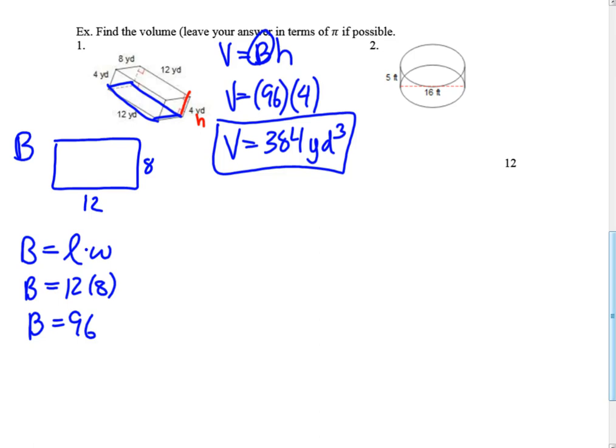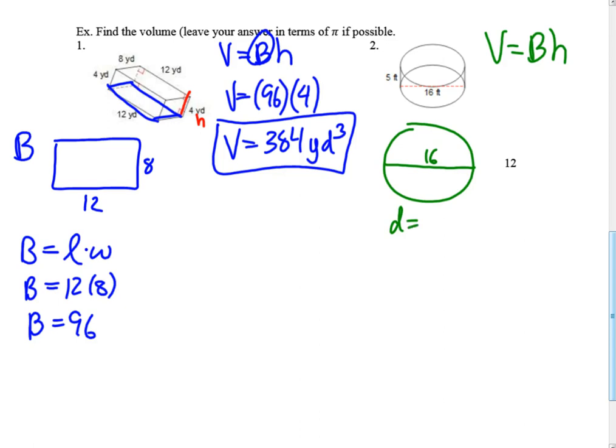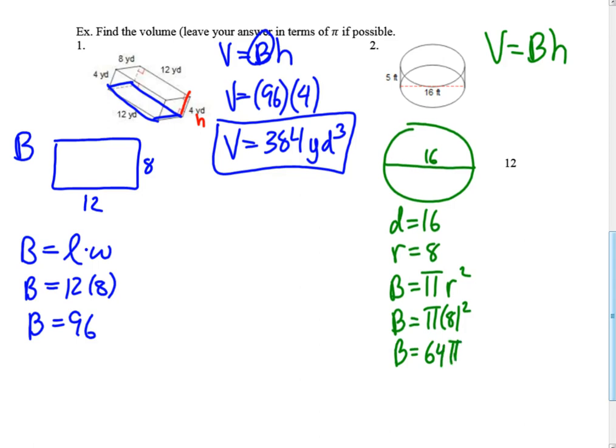So here, cylinder volume still equals the area of the base times the height. Now what's our base in this case? Well, our base is a circle. It's got a diameter of 16. So if the diameter is 16, that means the radius is 8. And B is going to be pi times the radius squared. So that would be pi times 8 squared, which is 64 pi. So that's the area of our base, and then our height is 5.